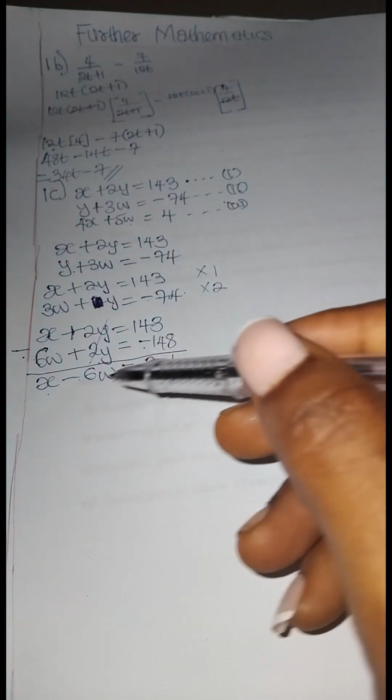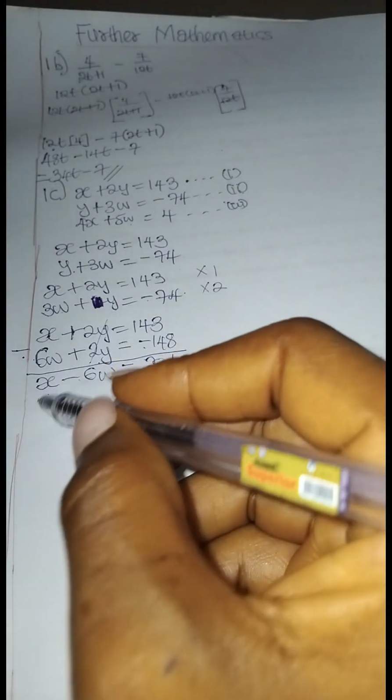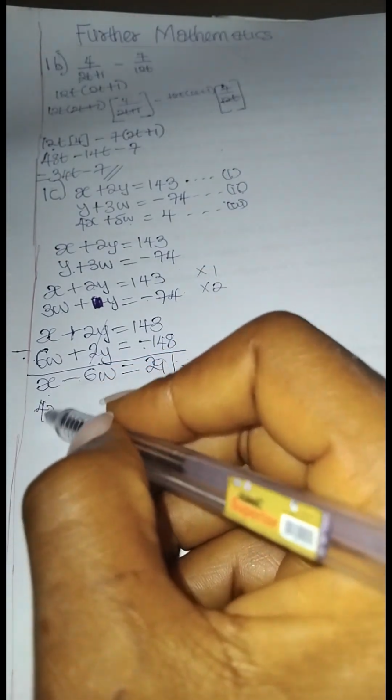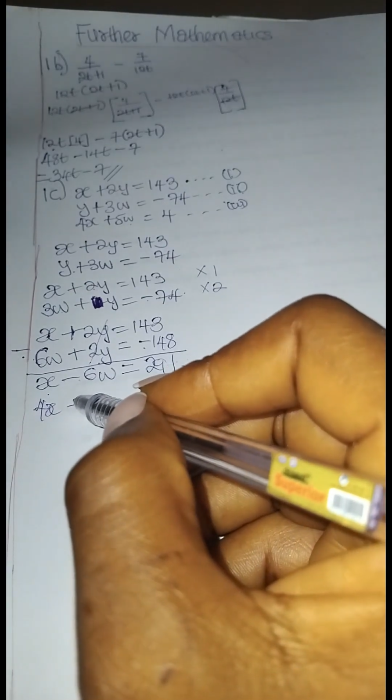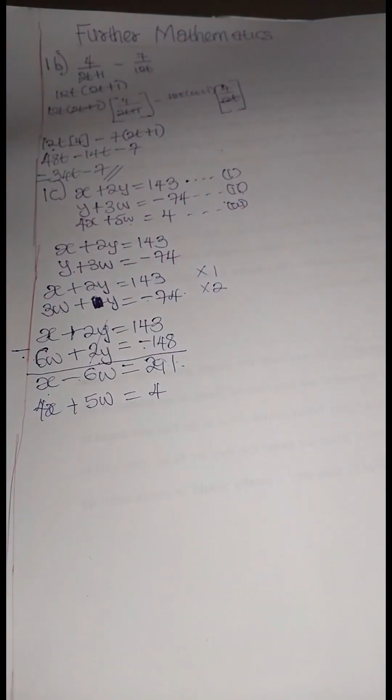So now I have x plus 6w equals 9, and I will bring down equation 3 to be 4x plus 5w equals 4. So what will I do next? I will try and eliminate one. Let me eliminate x.